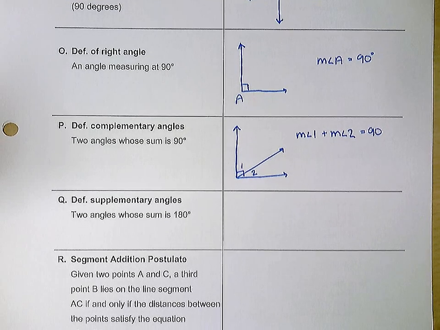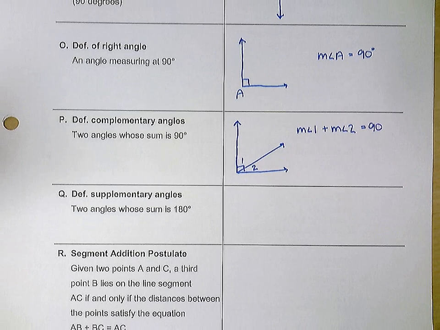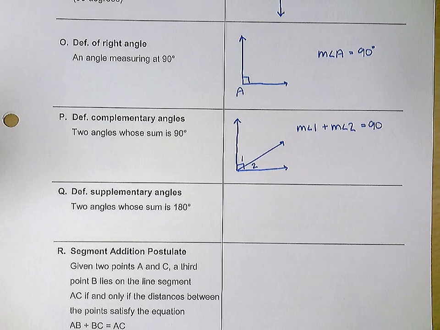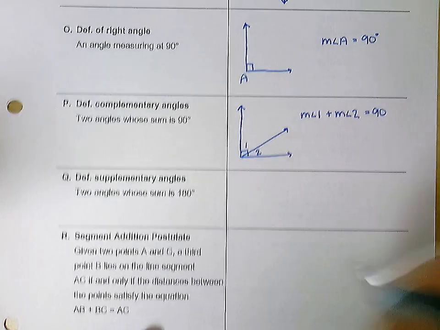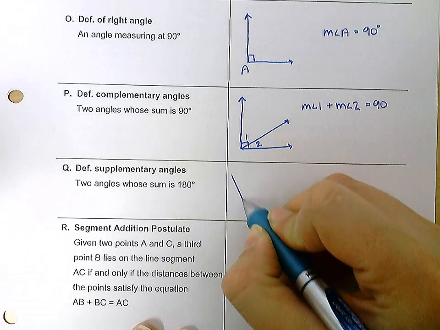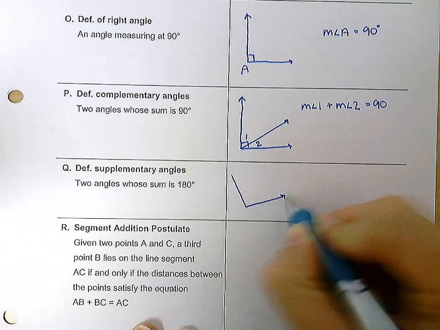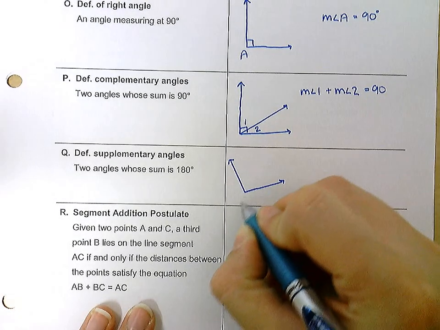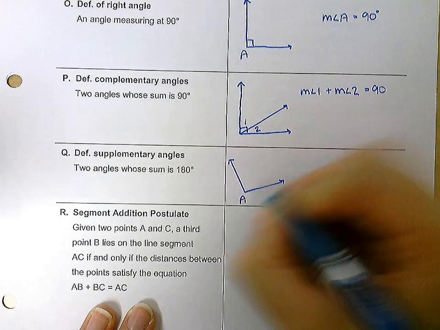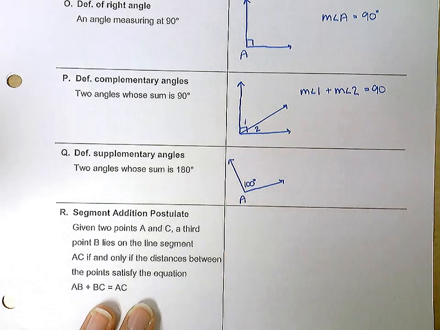Next one is the definition of supplementary angles. Those are two angles that add to 180. Now I'm not going to draw these ones adjacent. I'm not going to draw them making a straight line. And I'll tell you why in a second. So here I would have one angle. I'll label that angle A, and we'll say it's 100 degrees.